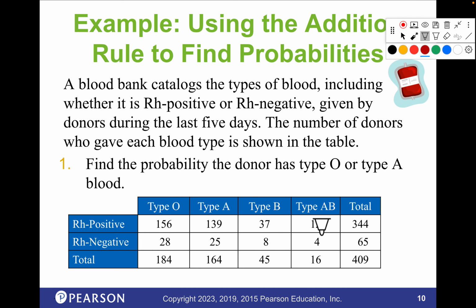This one, a blood bank catalogs types of blood, including whether it's Rh positive or Rh negative. Given the donors during the last 5 years, the number of donors who gave each blood type is shown in this table. A lot of times when we're doing statistics, we look at tables of values. Find the probability the donor has type O or type A. So are those mutually exclusive?